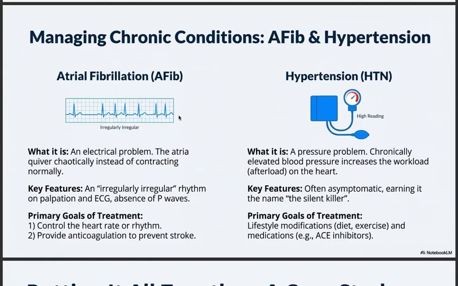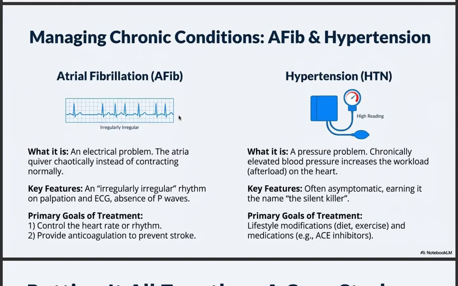Okay. So, AFib. Remember that this is an irregular rhythm. If you see that as a choice, it's irregularly irregular because there's going to be an absence of the P waves at the very beginning of the EKG, which tells you that the atria are not doing what they're supposed to be doing.